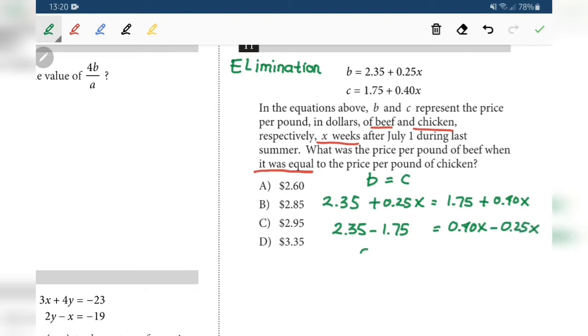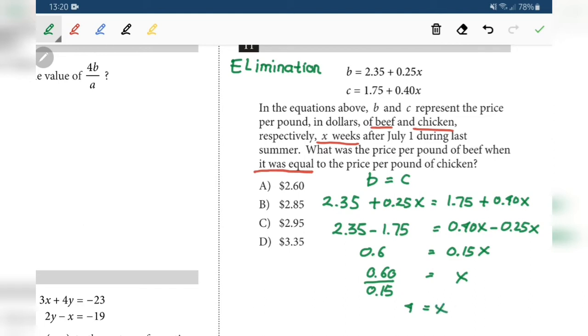So this becomes 0.6 equals 0.15x. So x is 0.6 over 0.15. Yes, x equals 4.